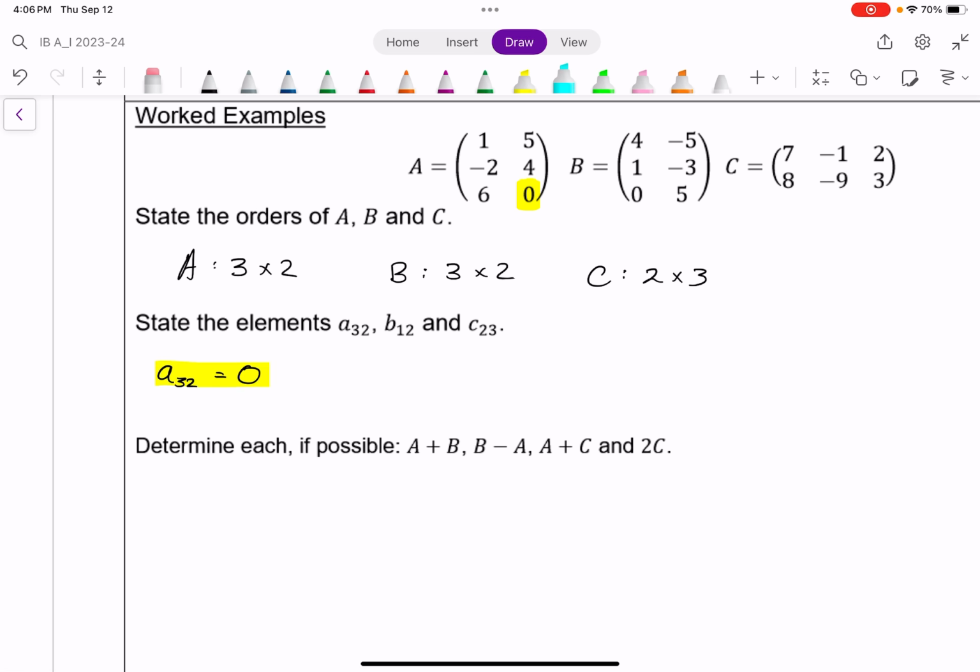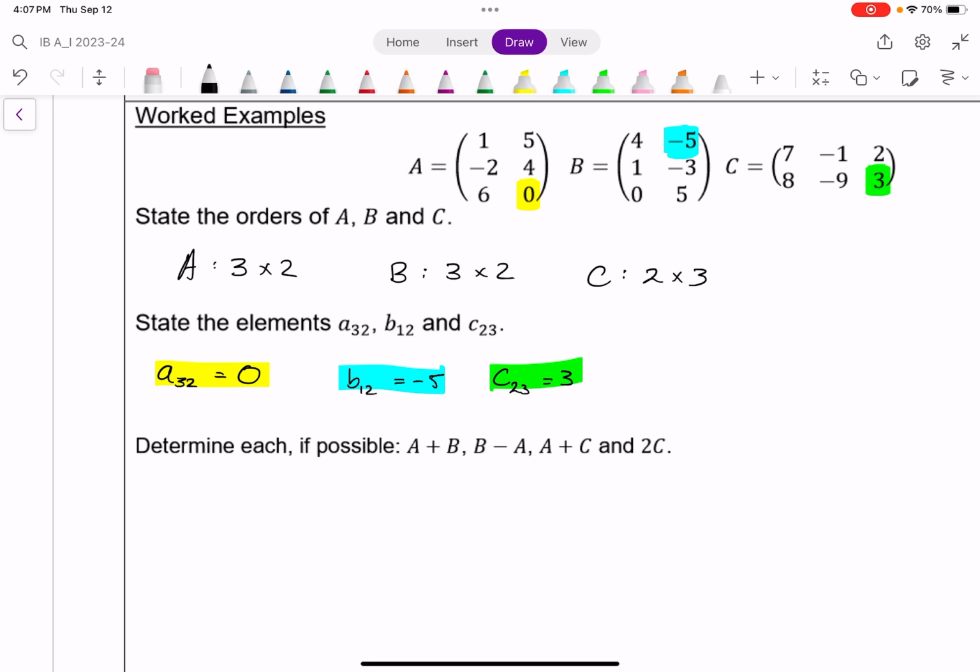B12 represents the 1st row in the 2nd column. So right there, -5. And C23 represents the 2nd row and the 3rd column. So there's the element 3. Like I said, not difficult at all, just make sure you have the correct order.